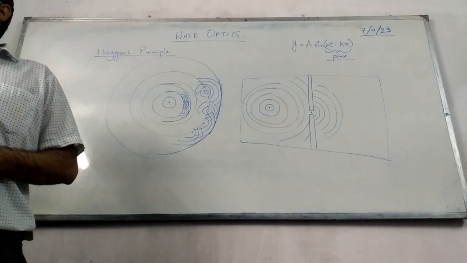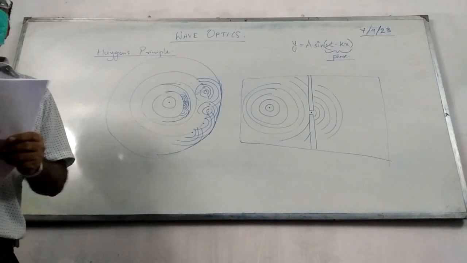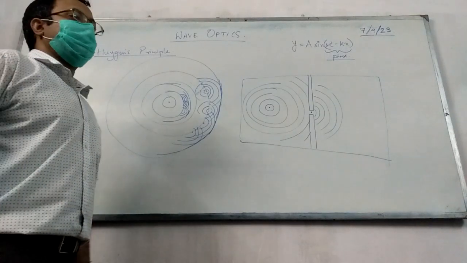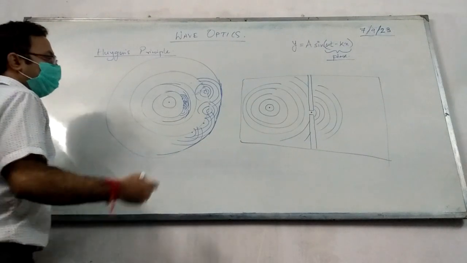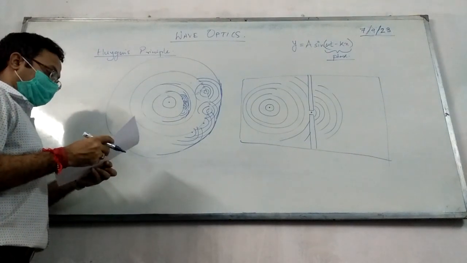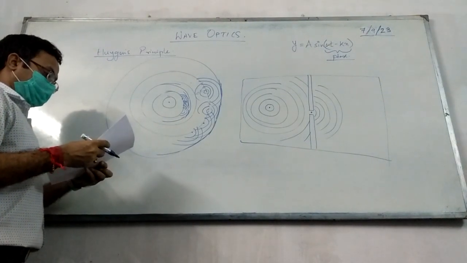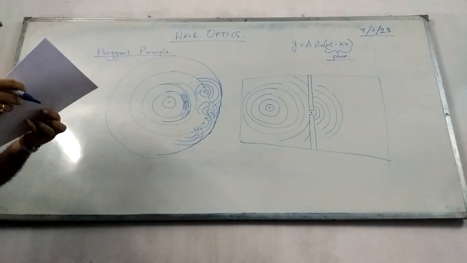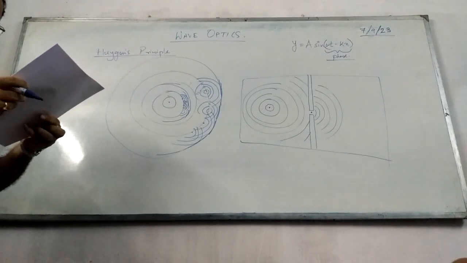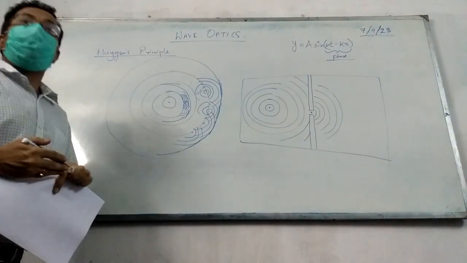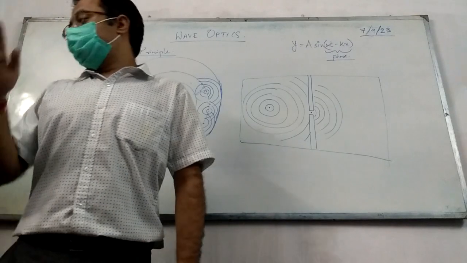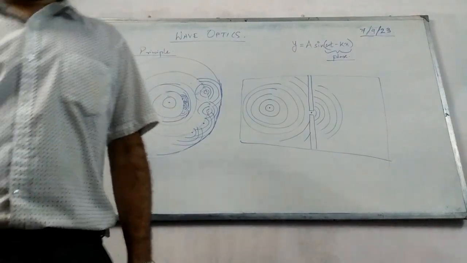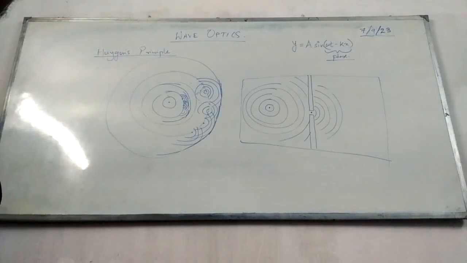Envelope formed by the tangents drawn to the primary wavefront. Tangents drawn to the primary wavefront means, well, now see, we can consider the light as waves.